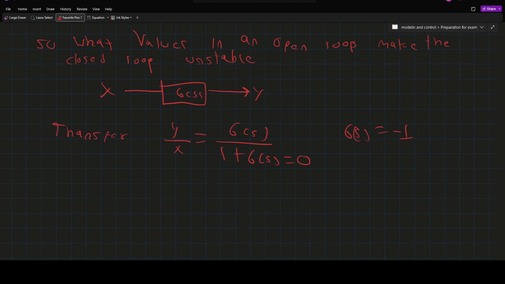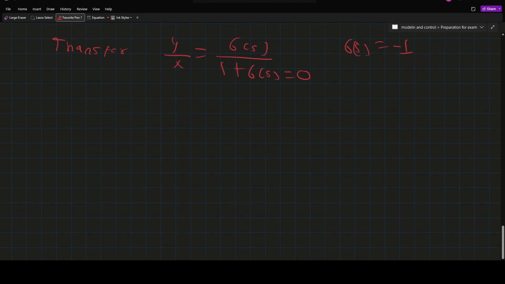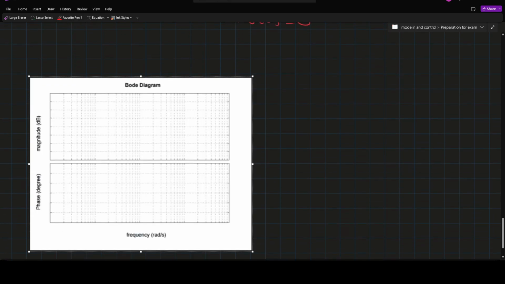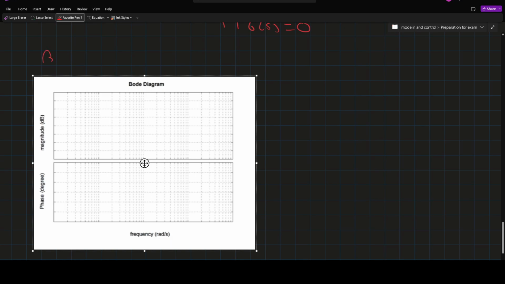So we have to make our open loop stay away from minus 1. And we can see the Bode plot of minus 1. So this is going to be the Bode plot of minus 1. For the gain, we are going to have 20 log of 1, and we know that for all the examples that we have done, this is 0 dB.